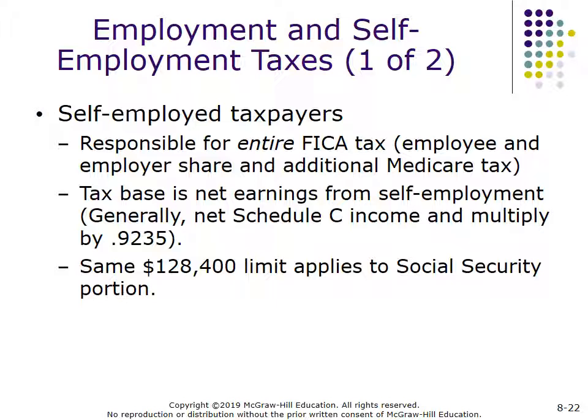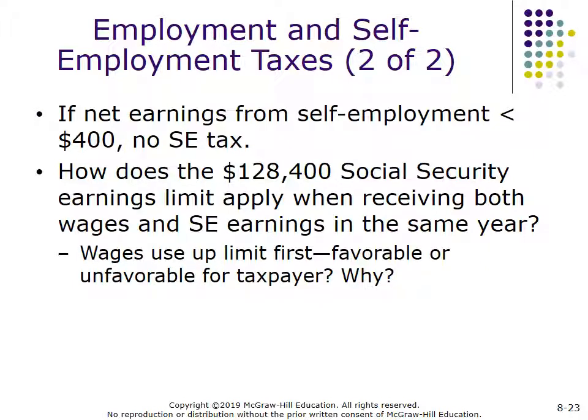If the amount they just computed is below $128,400 for 2018, 15.3% is the tax on that income. If the net earnings computed are less than $400, you don't have to do anything.